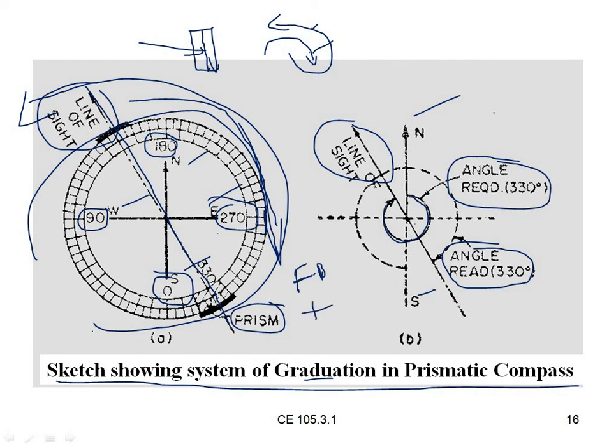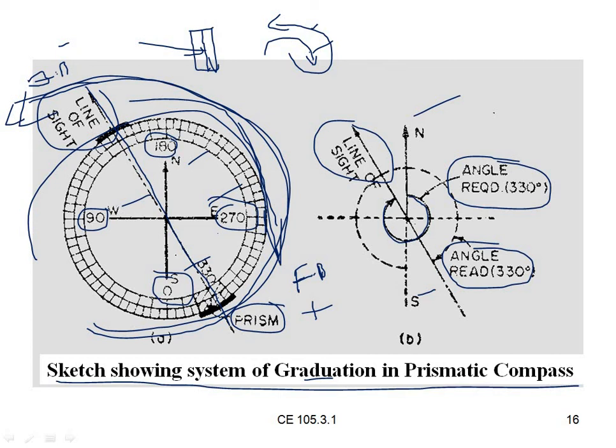And if you are seeing it in the reverse direction, that means anti-clockwise, it will be the back bearing. So remember the fore bearing and back bearing. This is negative. So even though we are taking the readings, we will be getting the local attraction that we mentioned in the starting itself.